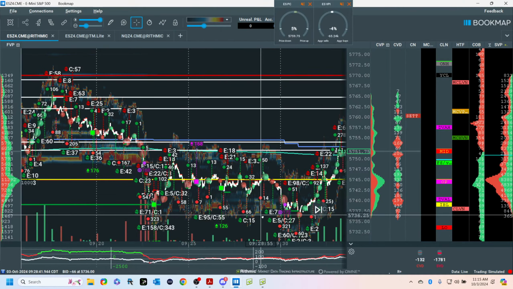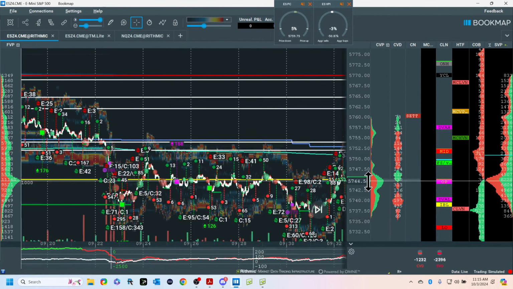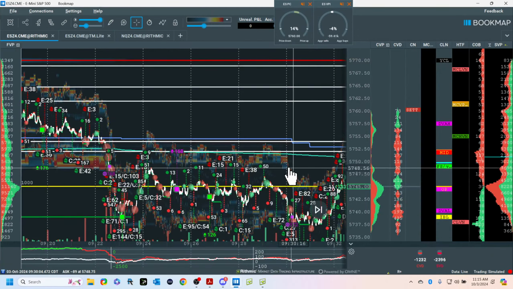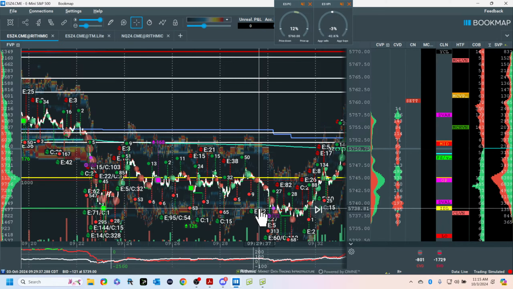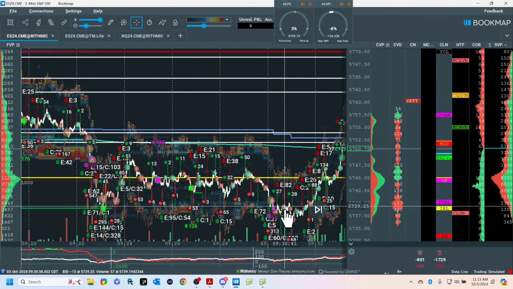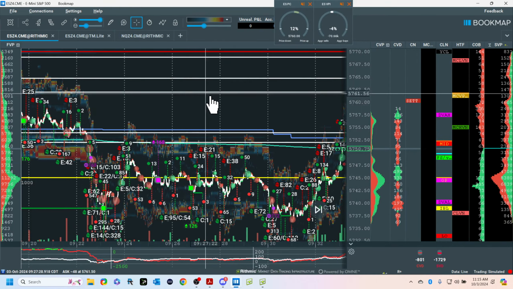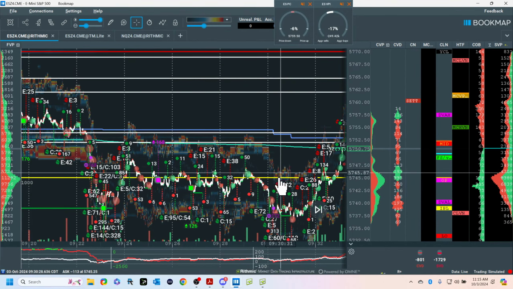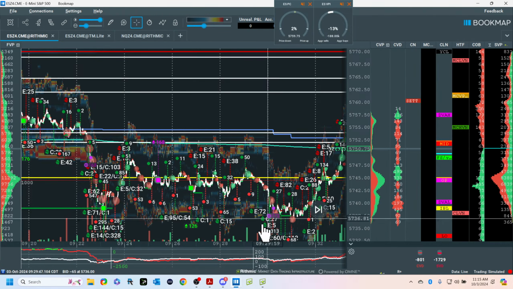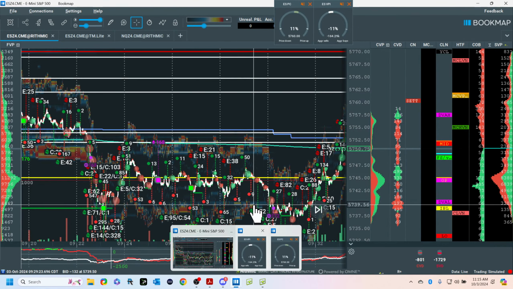But we have another trade in the Trader Lab. Now, I'm going to mention this, and there's two ways to work this. It's called the IB failure, and what the IB failure is, is a mean reversion trade. Now, we're in a balance, and of course, my thought, based on my plan, is that we're going to fall out of this and continue down.